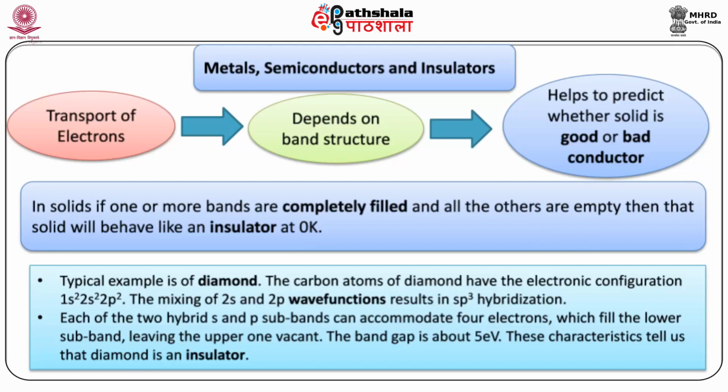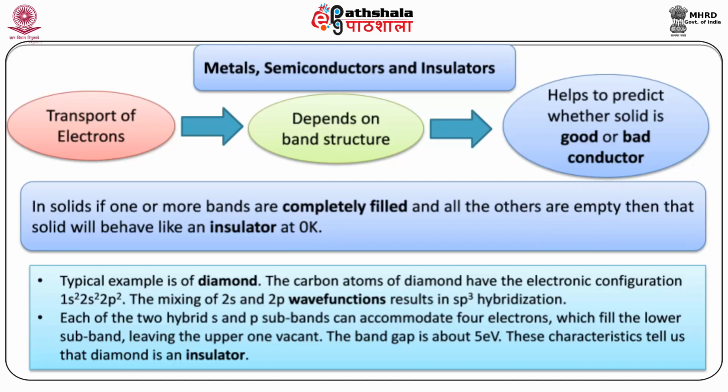Once the band structure is known, it is then possible to predict whether the solid is a good or a bad conductor. Now, if there are N primitive cells in a crystal, then the number of energy states in a given band is equal to N. Each state can accommodate 2 electrons of opposite spins. Hence, in order to fill the band completely, 2N electrons are required.